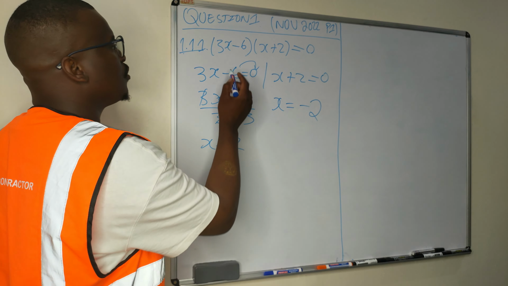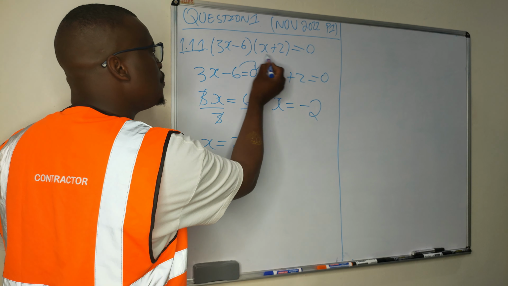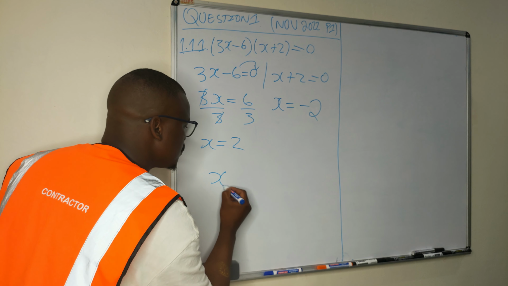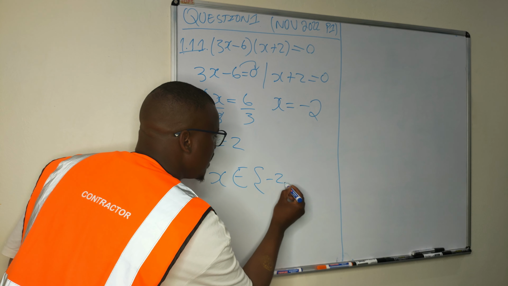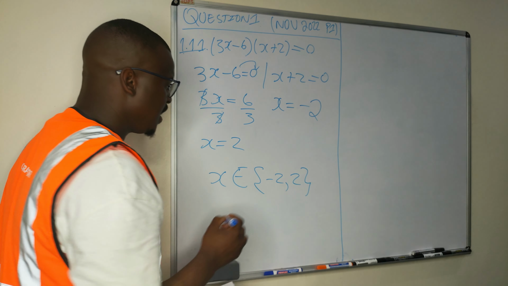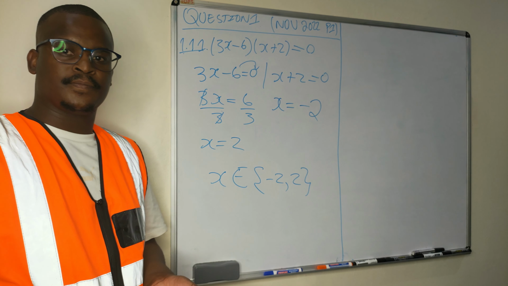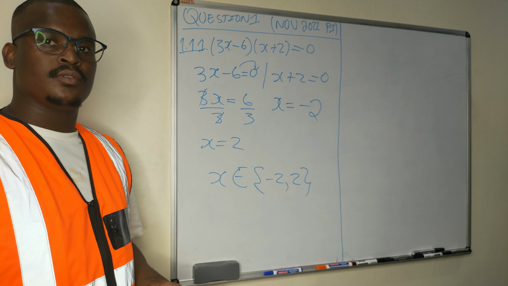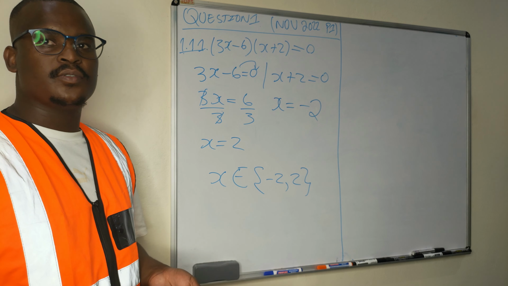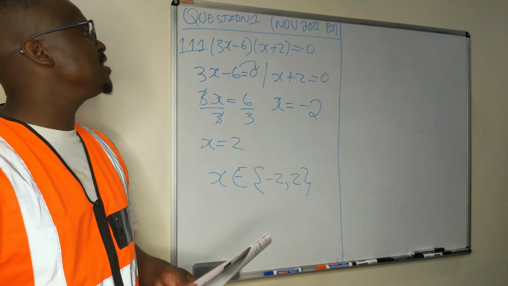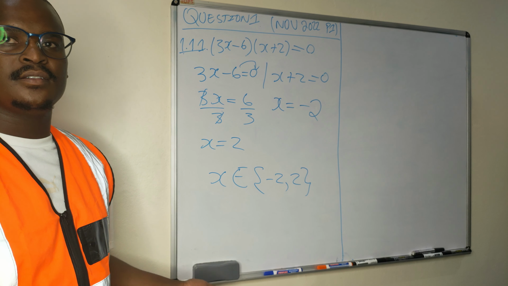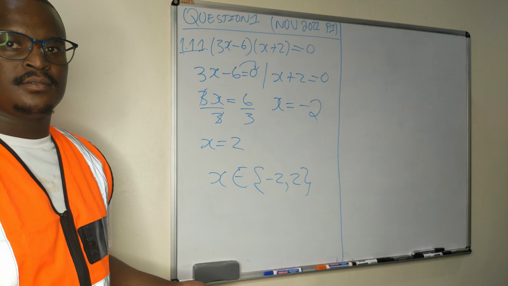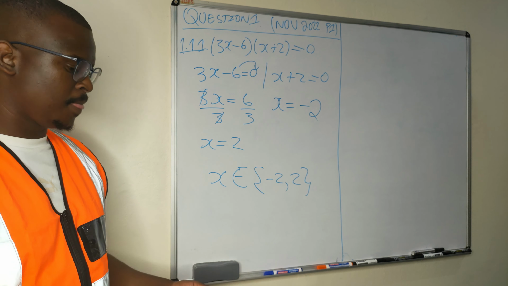So for this to be true, your x should be an element of the set minus 2 and 2. That's what this tells you. And you're done with this one, because you want the values of x such that this equation is satisfied. That's it.